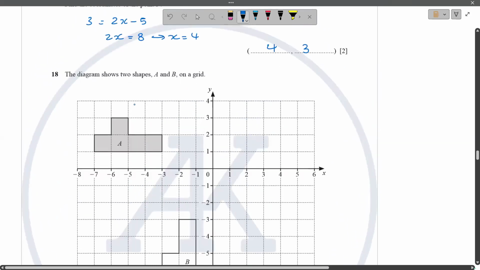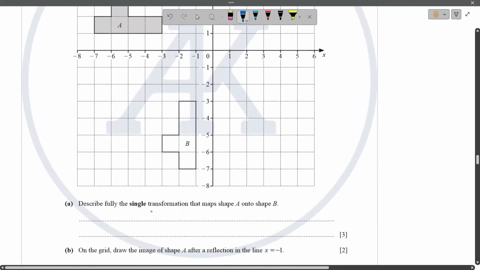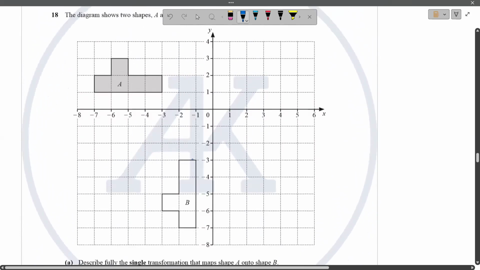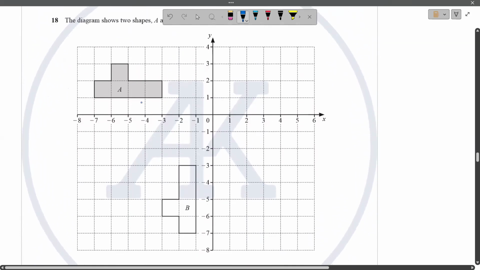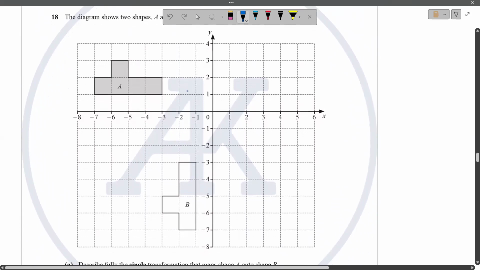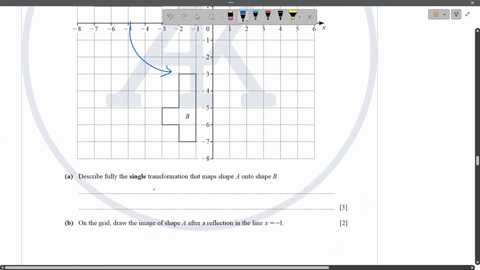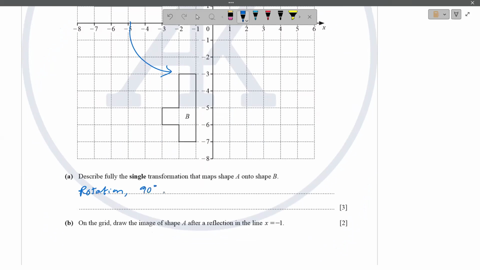The diagram shows two shapes A and B. Describe fully the single transformation from A to B. A to B, we can see here, it's a rotation. It's 90 degrees anti-clockwise. So it's a rotation, then 90 degrees anti-clockwise, and the center of rotation, as the two shapes are not intersecting, is (0, 0).